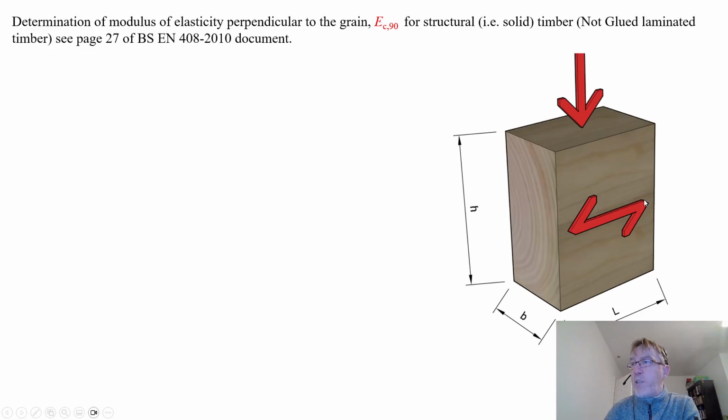You can see the grain direction going in a different direction to the load being applied. H is the height here, with breadth and length. So the area would be breadth times length.